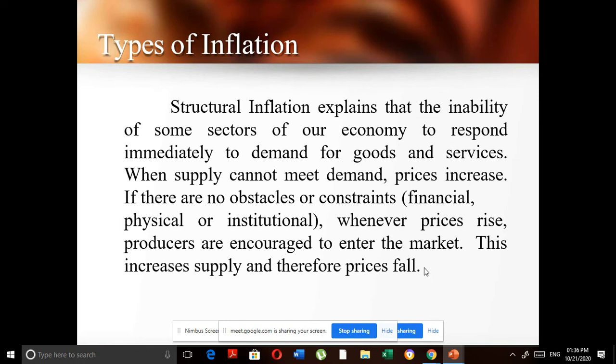If there are obstacles or constraints, for example institutional, financial, physical. So when prices increase, producers are encouraged to enter the market. This increases supply, and that's why prices will fall.